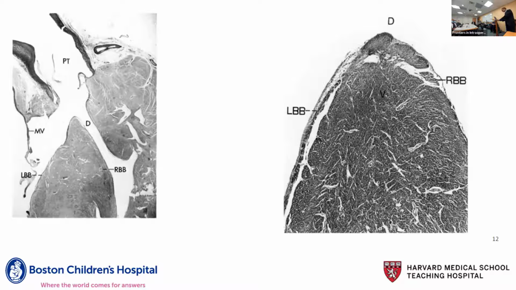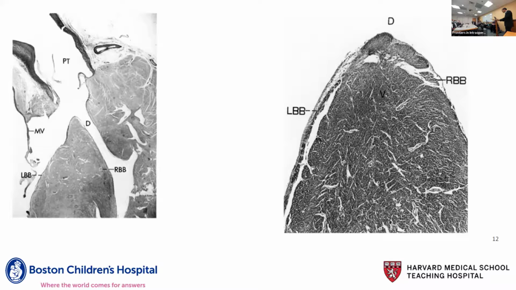In another specimen, you see the same bundle branches, where the right bundle is a little closer to the crest of the ventricular septum and a little more superficial, similar to the depth of the left bundle branch. Given this pathologic examination, it's clear that there's significant variability in location of the bundle branches with regards to the crest of the ventricular septum and also the depth of the bundle branches.